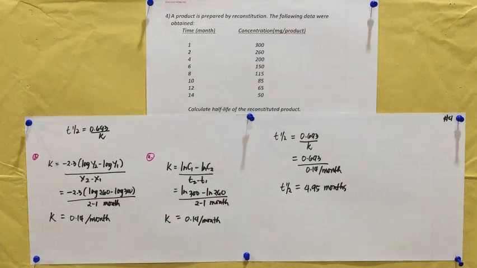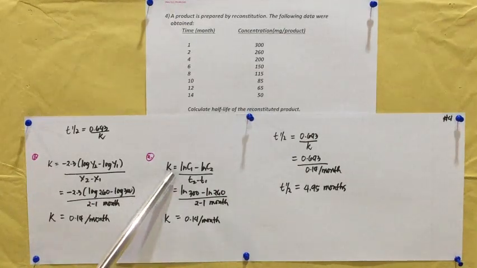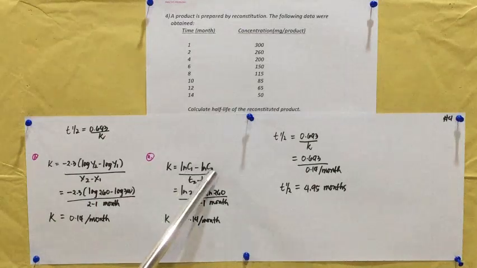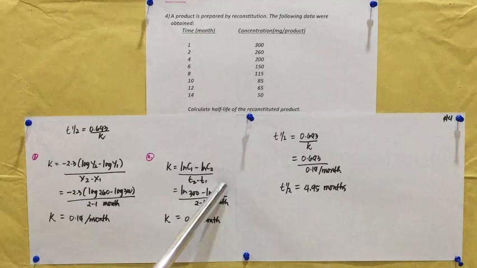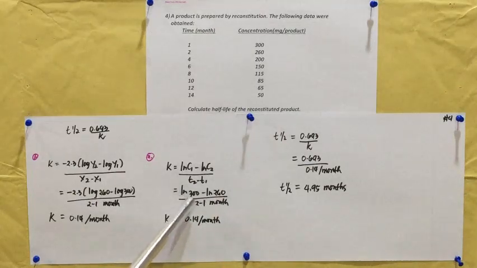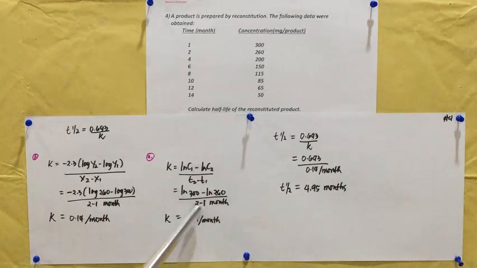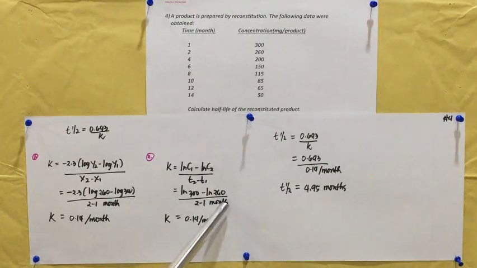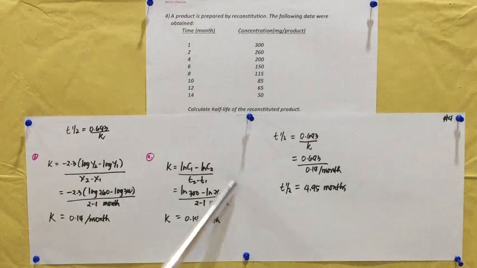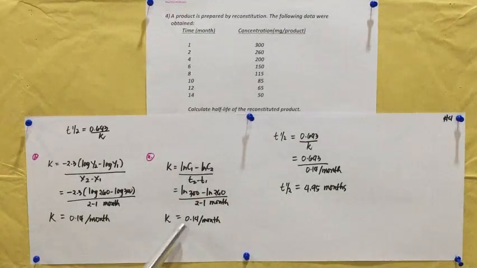Another formula is this one. K is equivalent to ln C1 minus ln C2 divided by T2 minus T1. So, substituting, ln 300 minus ln 260 divided by 2 minus 1 month. So, after solving, our K is also equivalent to 0.14 per month.